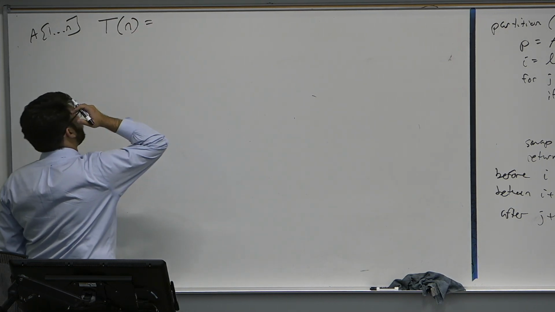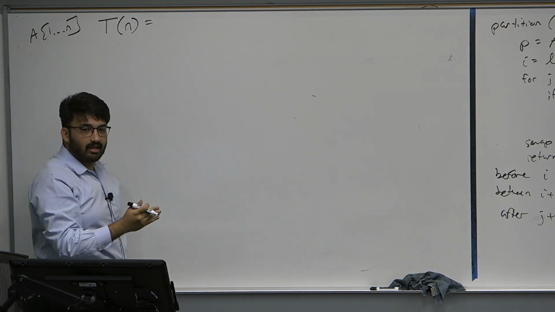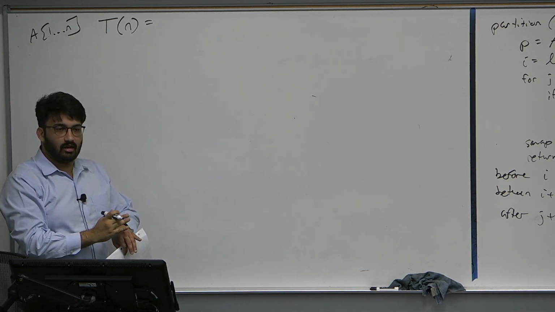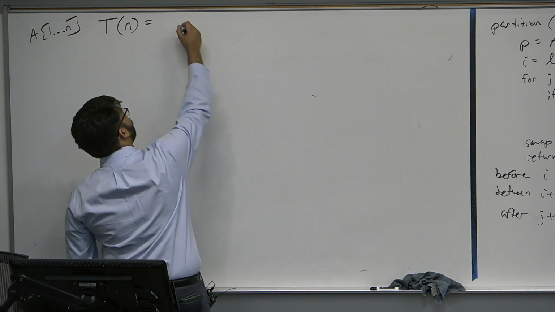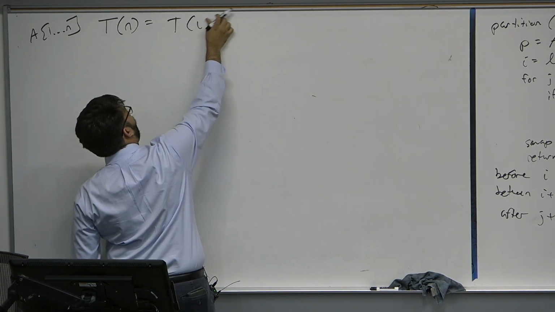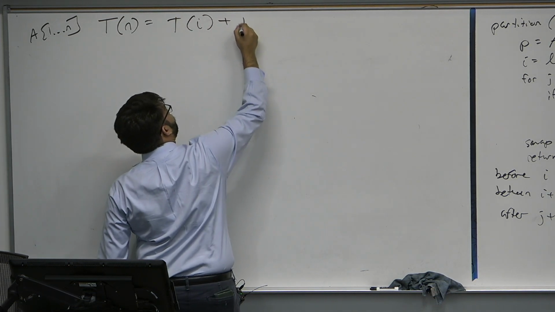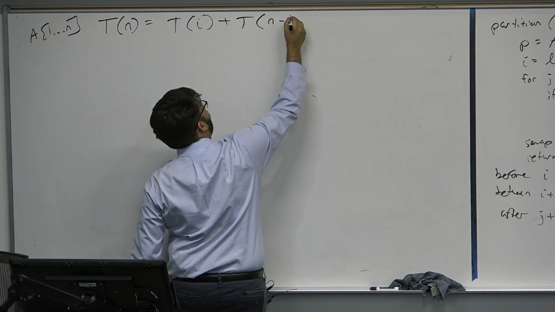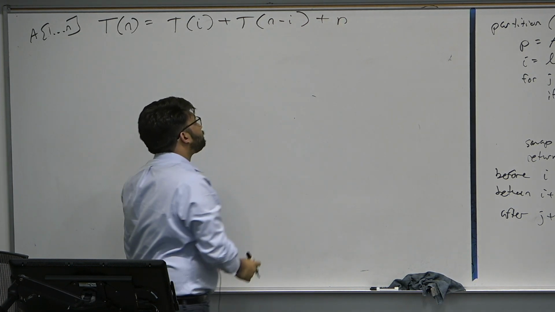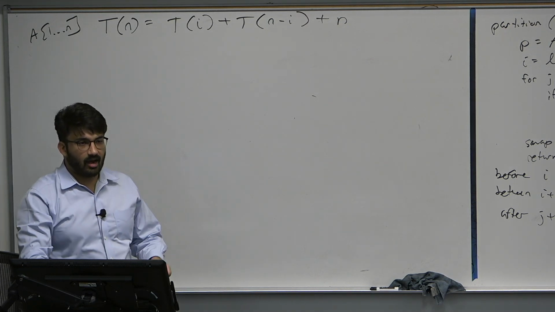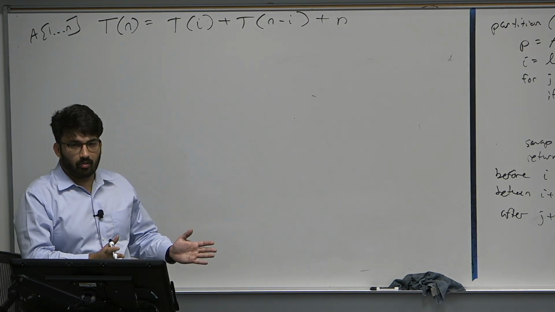Let's say it's element I. We're going to break up the array into two parts, and then we're going to recursively solve each of those. So what we're going to do is this is going to be T of I plus T of n minus I plus, let's say, n. So let's suppose we chose element I, and we split it up into two parts like this.